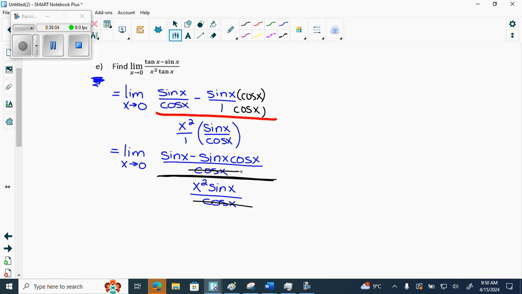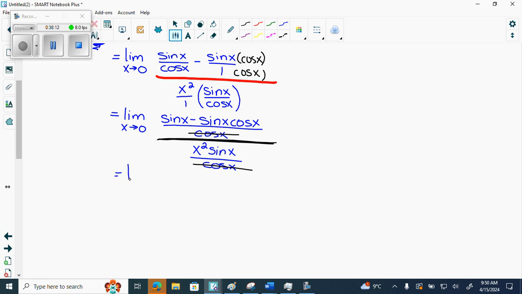Now I told you when you get stuck, what often is it? GCF or difference of squares, correct? What's the top? A GCF. So we can take a sin x out. When we take out a sin x divided by sin x, it's not just gone. It's a 1 minus cos x over x squared sin x.